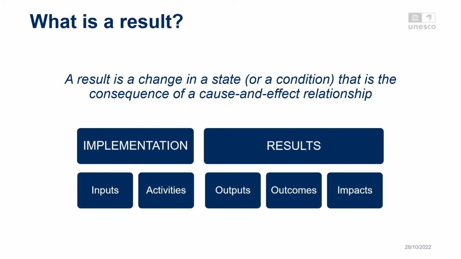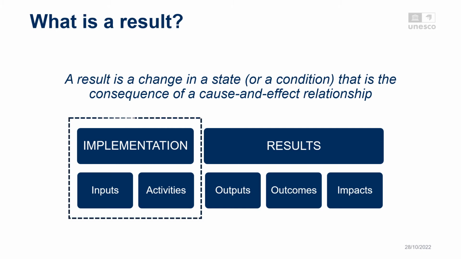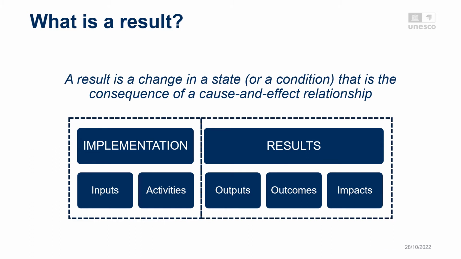As you see in the figure on this slide, inputs and activities are related to the intervention or implementation, what you do, while outputs, outcomes, and impacts are the different possible levels of results. Together, the 5 levels form the results chain, shown on the next slide.